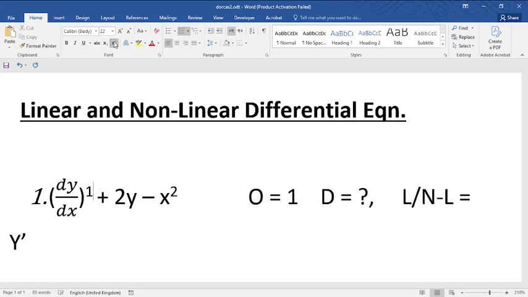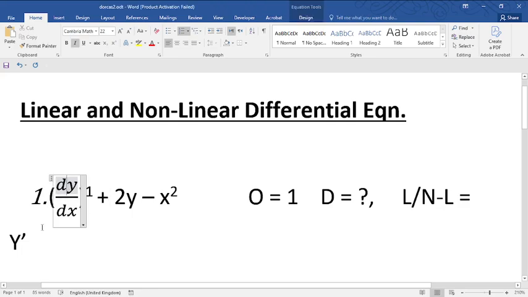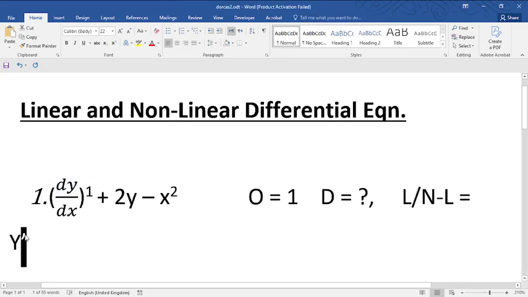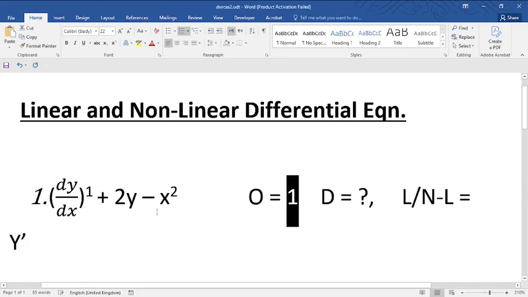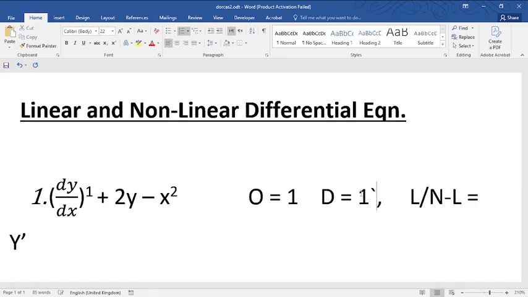What we are having here now is still the same thing as what we had before. Anything raised to power 1 is itself. So this derivative was differentiated only once, and then it is raised to power 1. The once that they differentiated it is what you are going to denote as your order. The power it is raised to is what you are going to denote as your degree, which is 1.